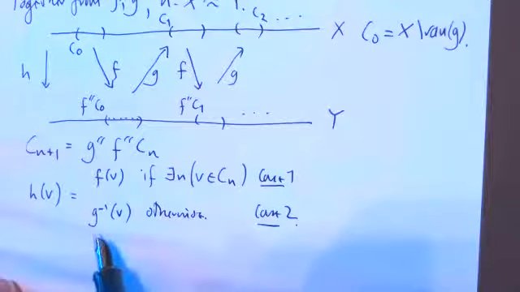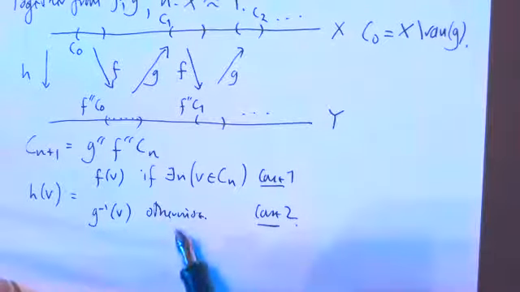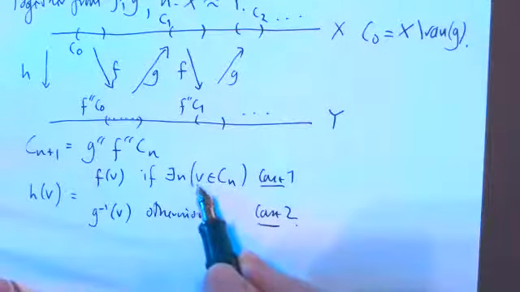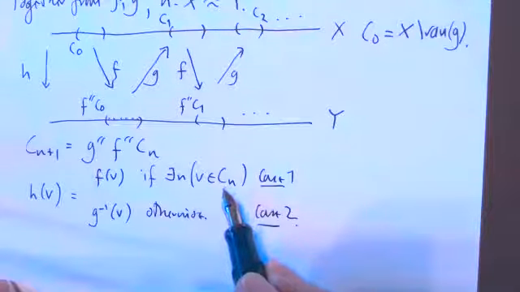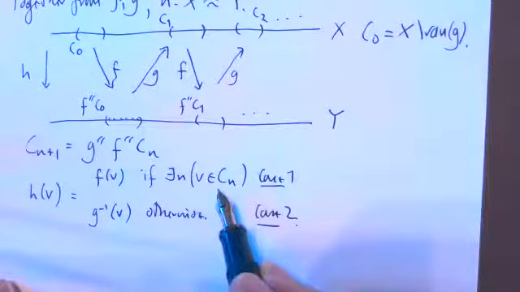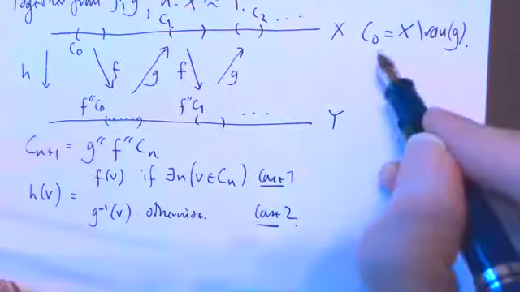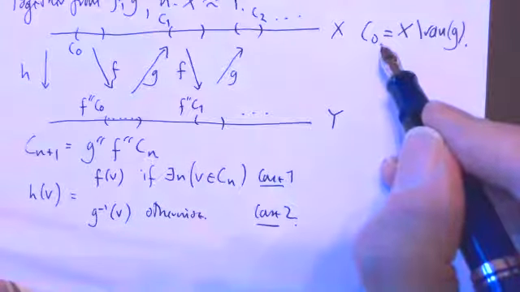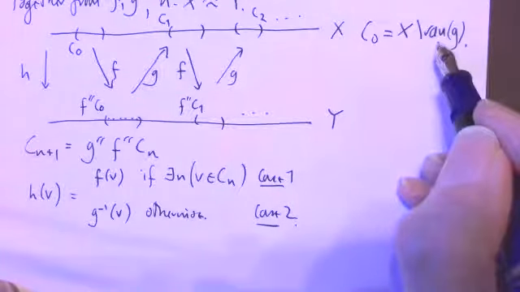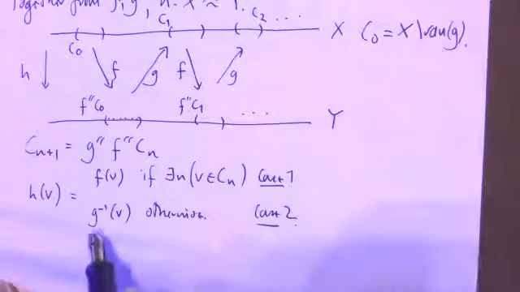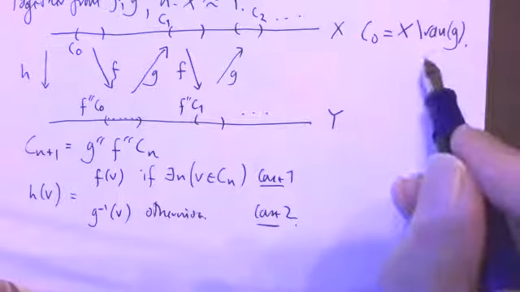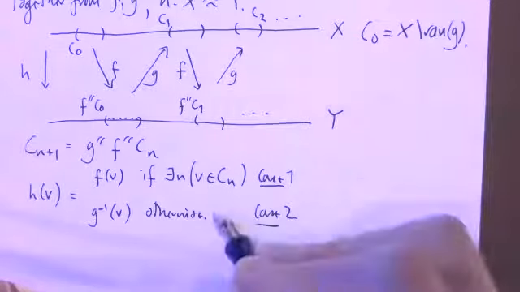Okay, we should just check to make sure this makes sense. Otherwise means for every n, V is not in Cn. In particular, it's not in C0. But if V is not in C0, it means that it's in the range of G. So G to the minus 1 of V makes sense. So the definition is okay.